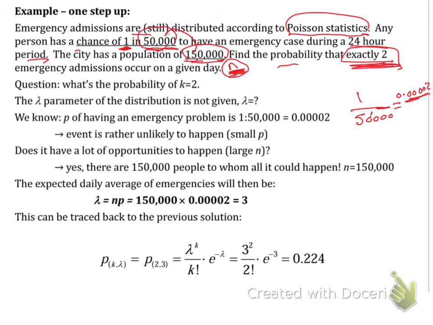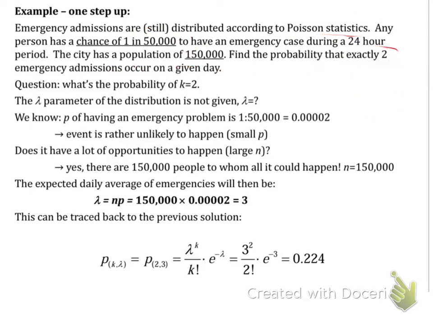So K, in this case, equals exactly 2. What about lambda? Lambda is the mean or the average. I don't have it. He didn't give it to me in this example.